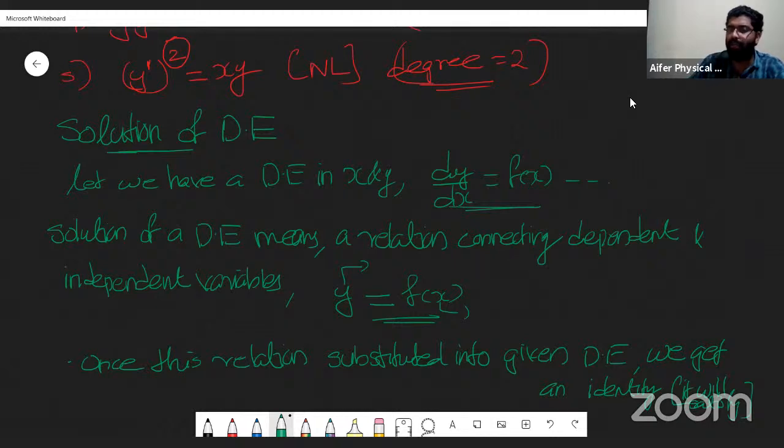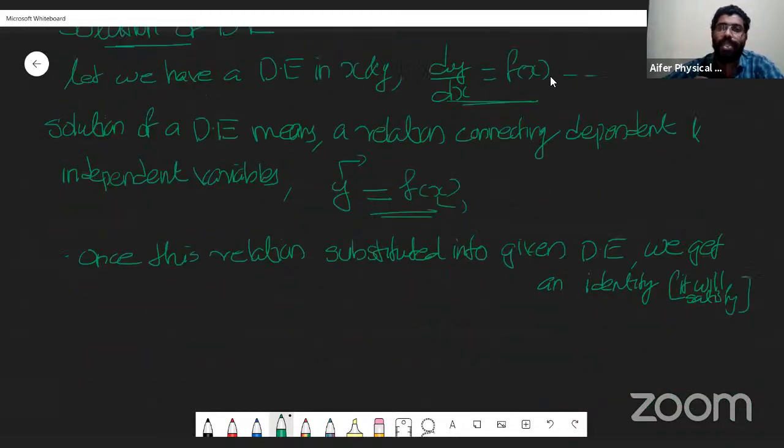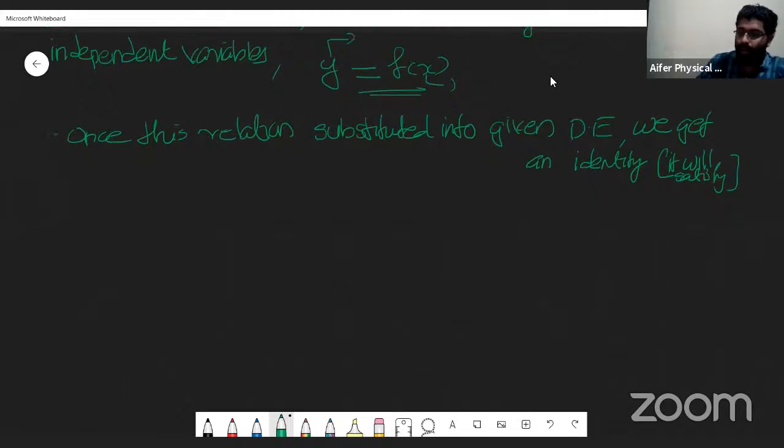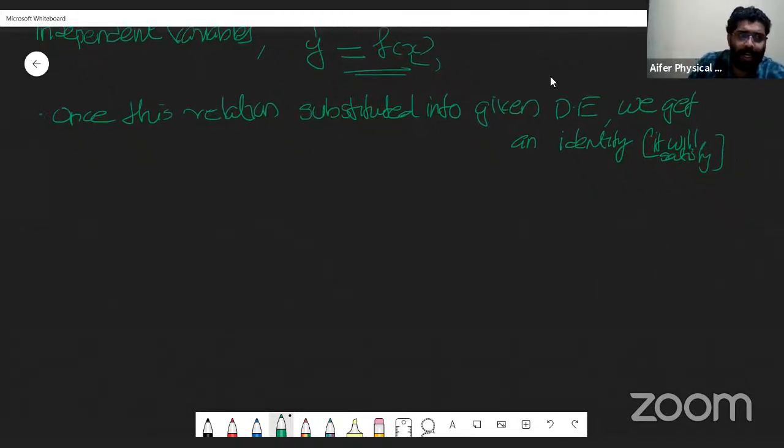If we have a solution, then when substituted back into the differential equation, that differential equation should satisfy the solution. Okay. I will give you an example.